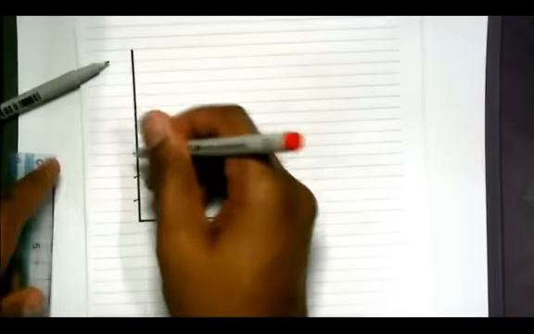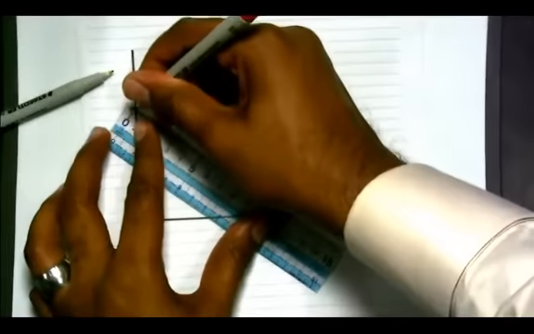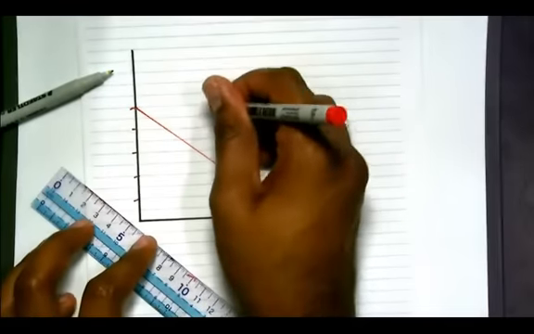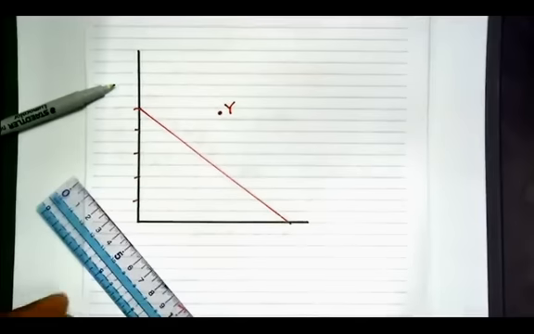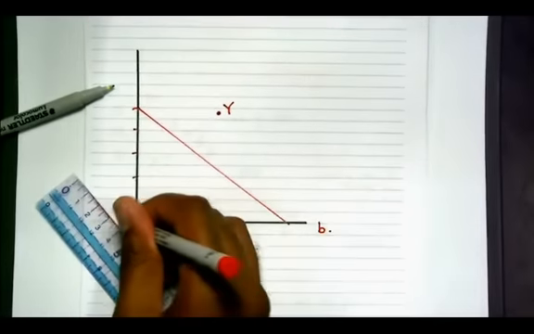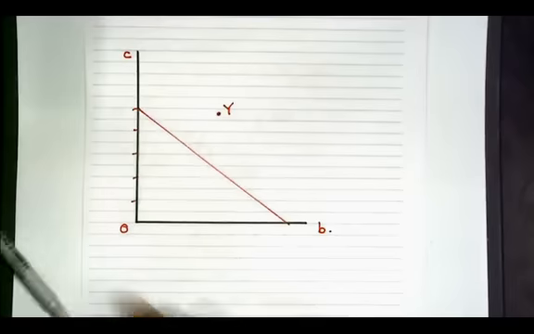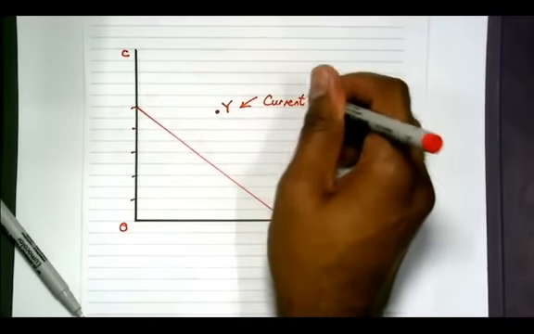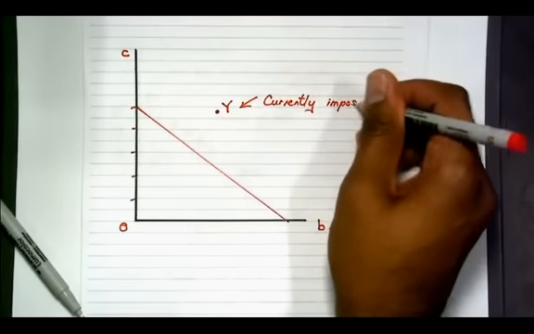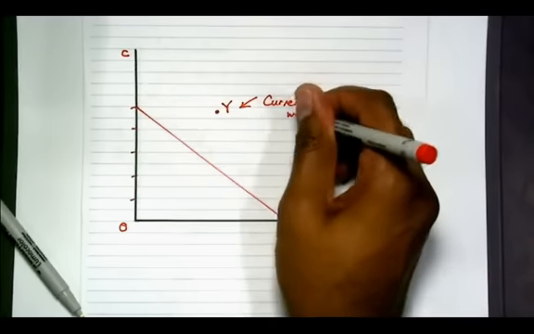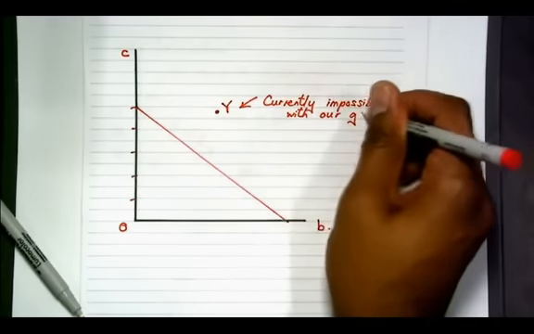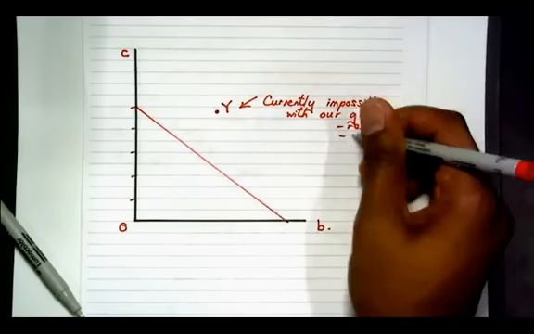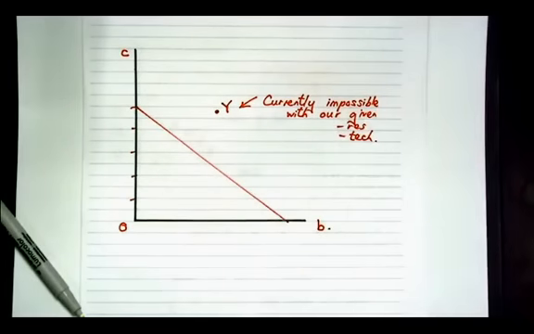Now, what about combination Y? Is that possible with our given resources? Y is currently impossible with our given resources and technology. It may be possible in the future, which is why I'm saying it's currently impossible.